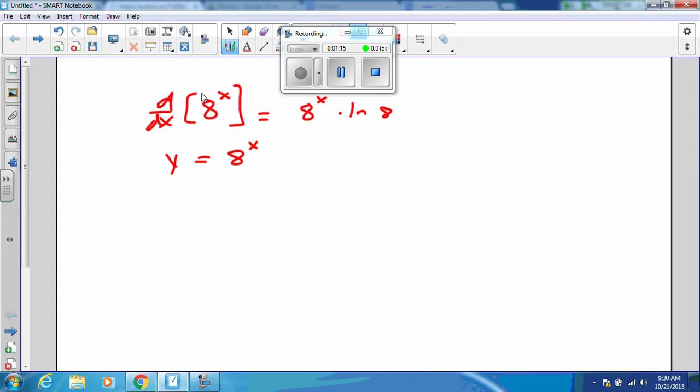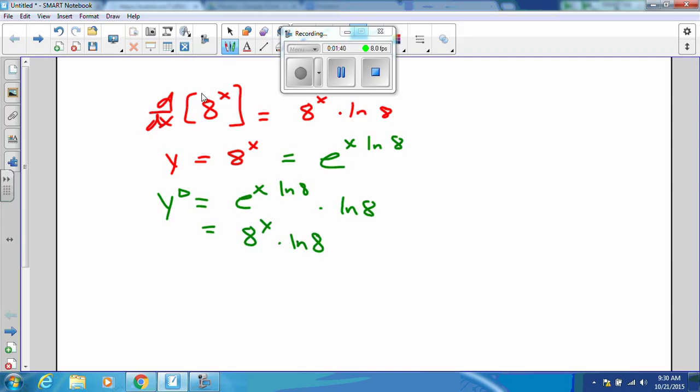Fundamentally, we have defined b to the x as e to the x ln b. That's just what it is. So if you simply take the derivative in this form, you get y prime is equal to e to the x ln 8 times the derivative of the inside, which is ln 8. And then e to the x ln 8 is just 8 to the x.